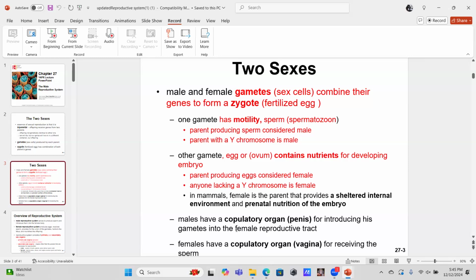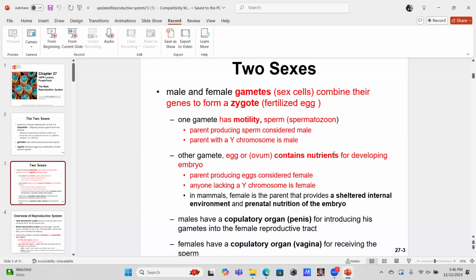Now, also keep in mind that once you have the X and the Y, when you're first conceived, you actually have two sets of ducts. One set of ducts is going to turn into the male vas deferens, epididymis, prostate, the whole situation there, that allows us to connect the testes to eventually the urethra.